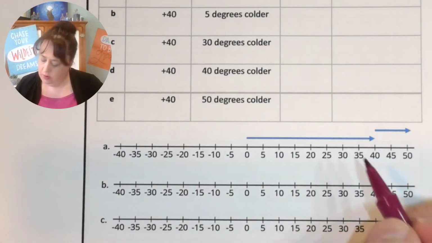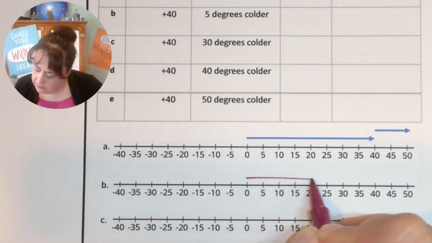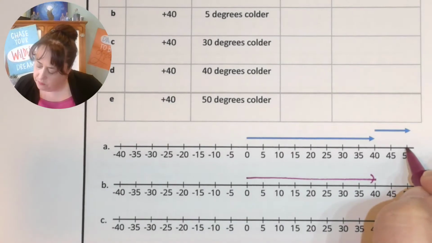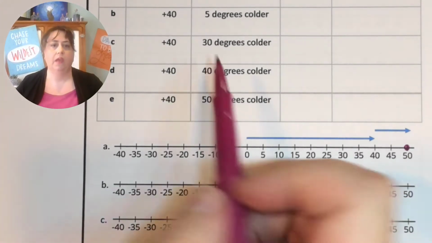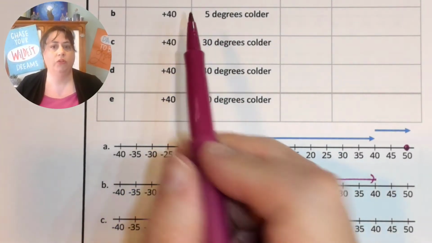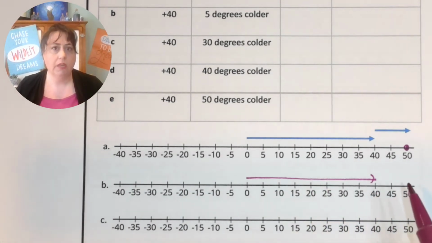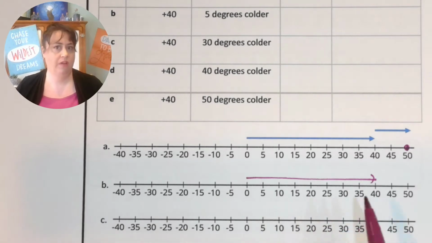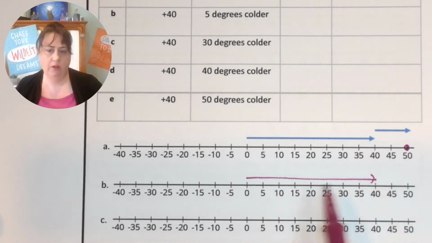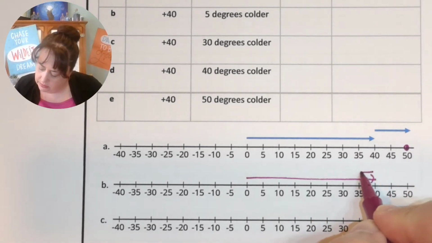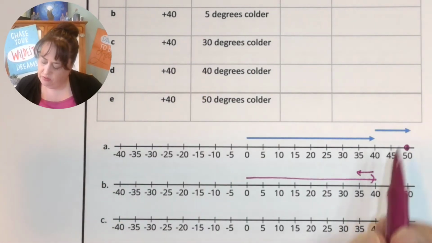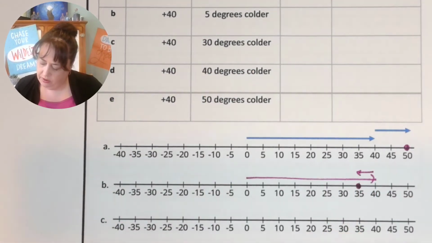So again, we're going to go to 40 degrees. We're going to get 5 degrees colder. So if I was at 40 degrees and it got colder, then we're not going to get 45. We're going to go backwards by 5 degrees, and we're going to end up at 35.